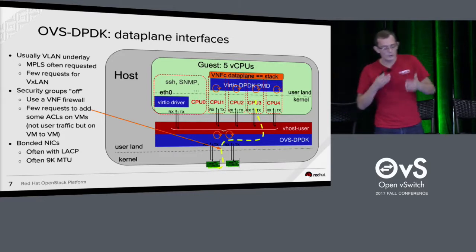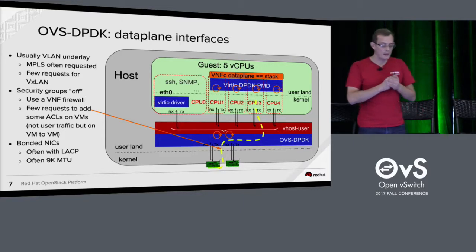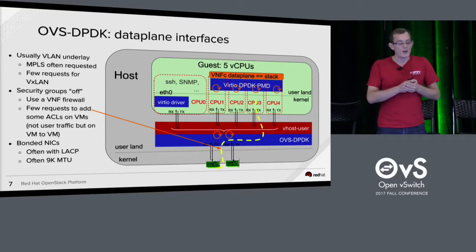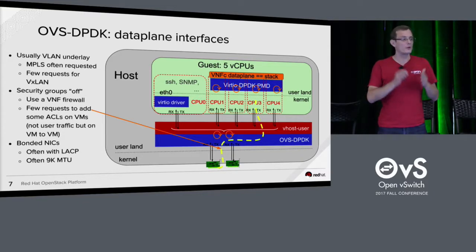Now, what we talk about most of the time is the user traffic interface. So the user traffic, the 4 million packets per second. Usually what we use as an underlay is VLAN. MPLS is often requested. We have few requests for VXLAN. But once again, in most of the deployments today, what we see is VLAN. Security groups are turned off because in order to properly secure user traffic in a telco environment, you use a layer 1 to layer 7 firewall, and typically the firewall is one of the VNFs.